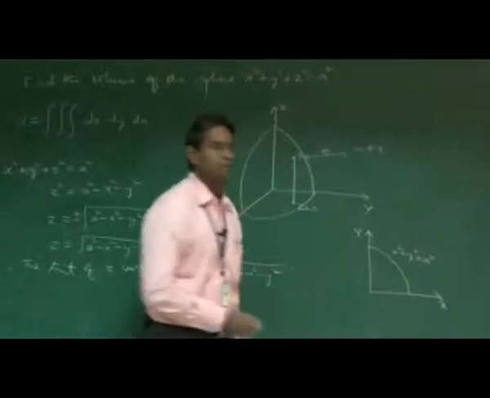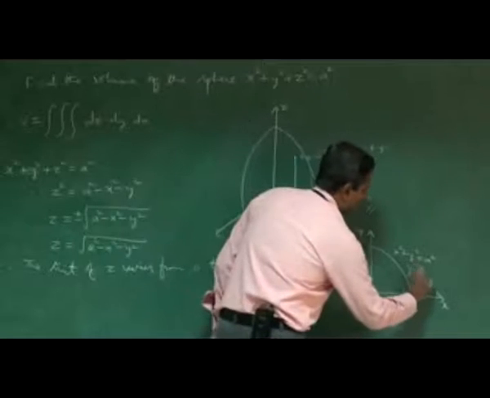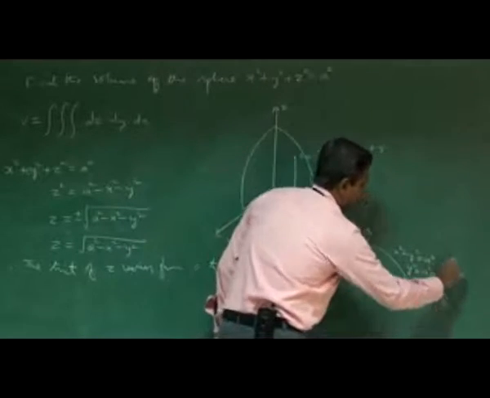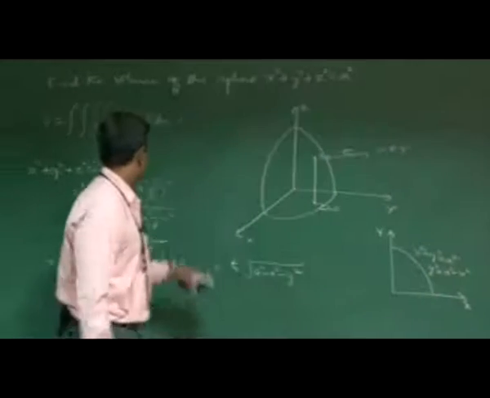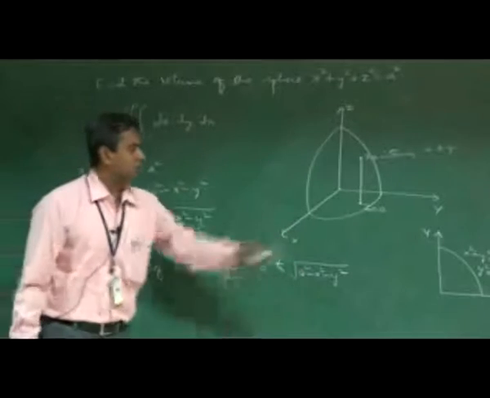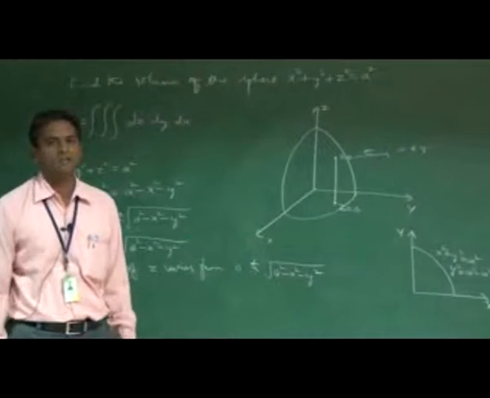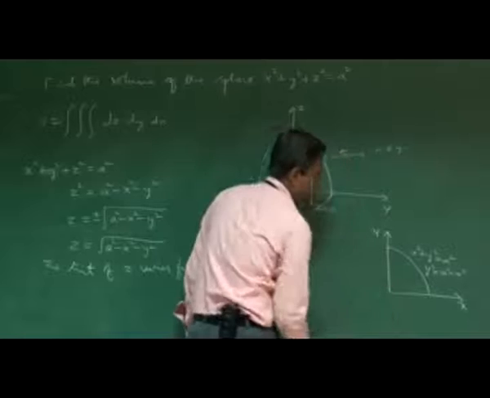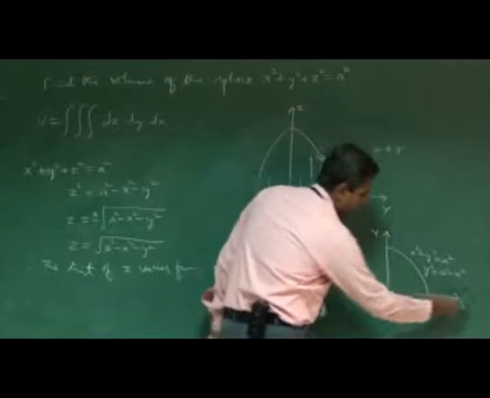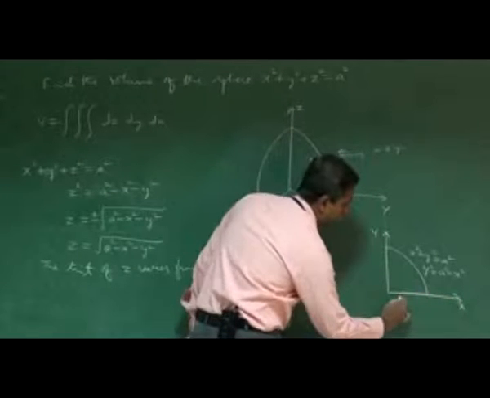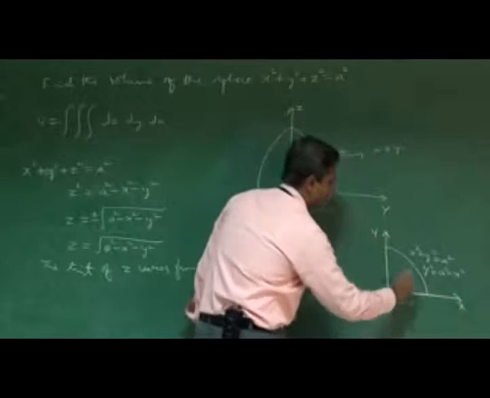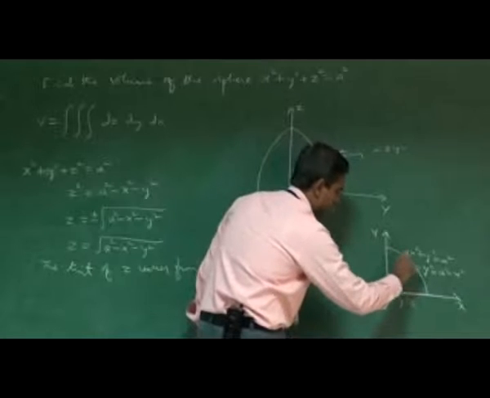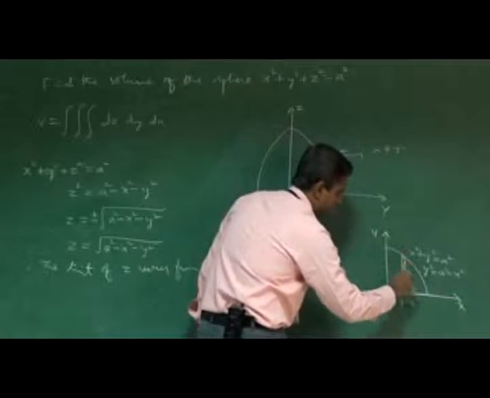For the second integration with respect to y, y squared equals a squared minus x squared. On the x axis, y equals 0, and then we draw the small strip which is parallel to the y direction.